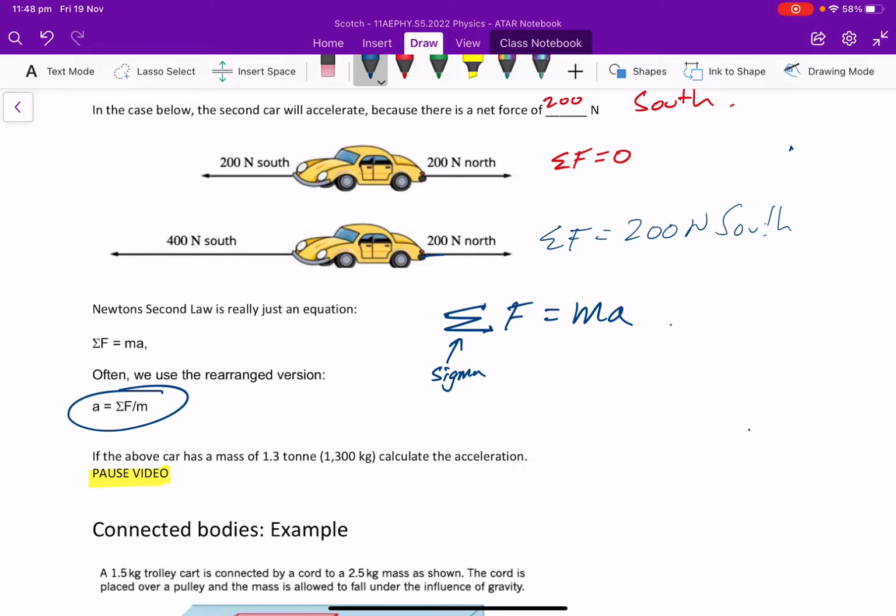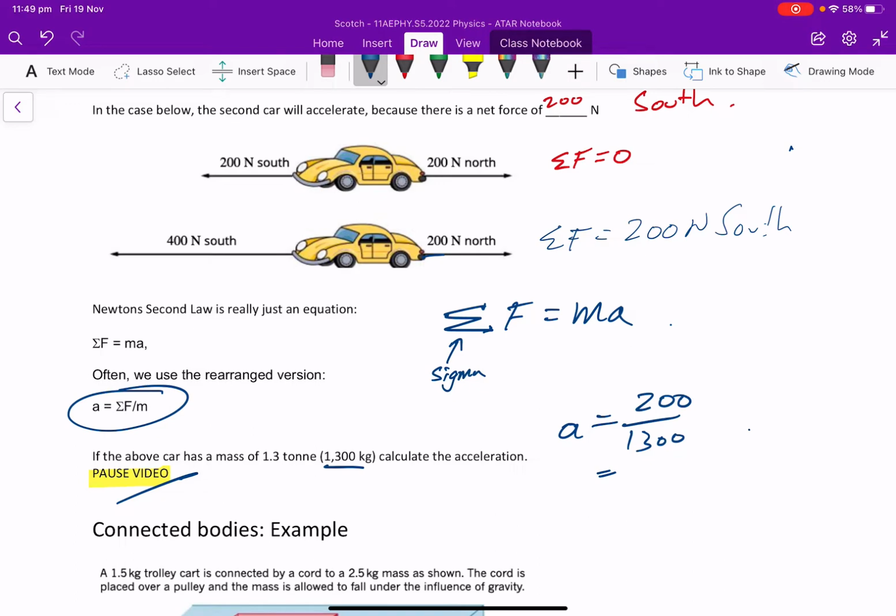If the above car has a mass of 1.3 tonne, which as we know is 1,300 kilograms, calculate its acceleration. Pause the video and do it. Welcome back. How did you go? Well, hopefully you thought the acceleration is going to be the net force, which we just worked out, 200, divided by 1,300.